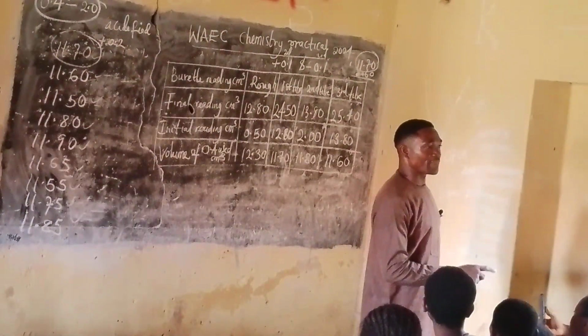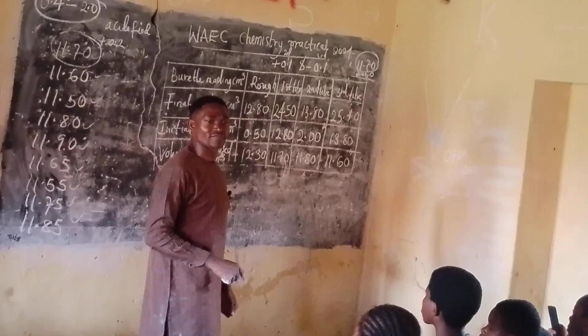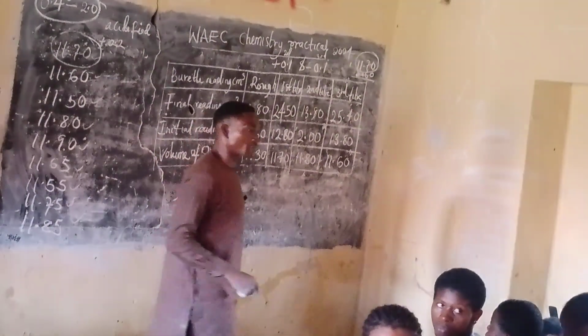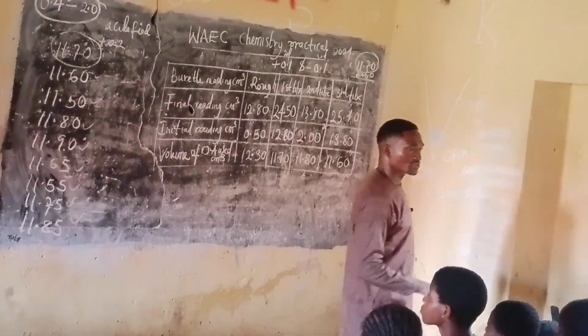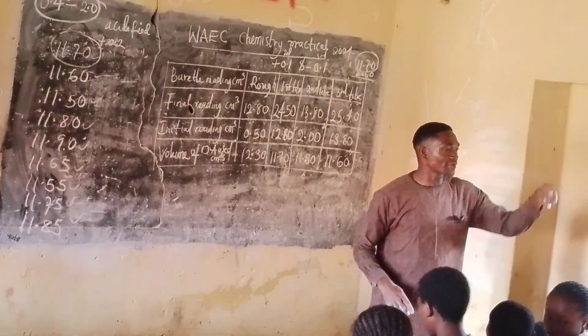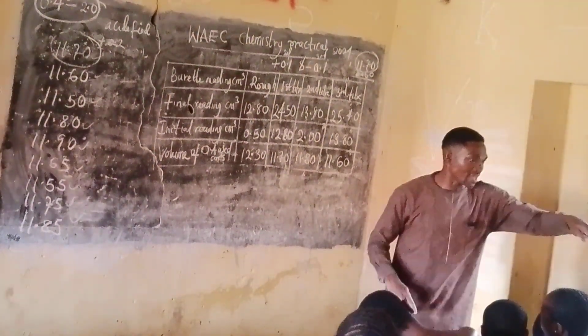I'll give 10 persons. This is my value. How many? I think we're up to 70 something here. Okay, let's just say 1, 2, 3, 4, 5, 6, 7.